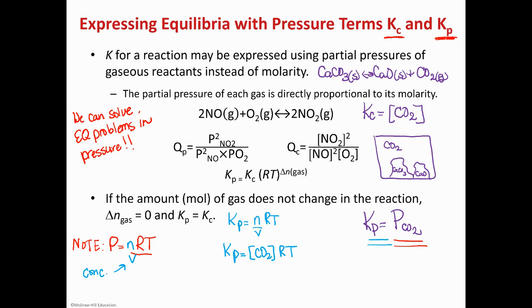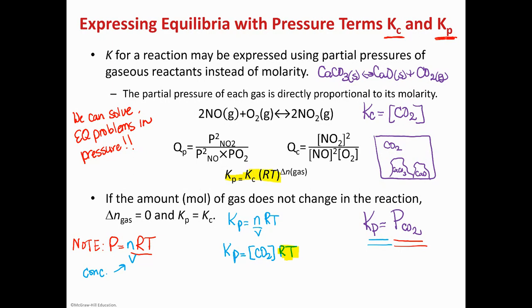So here's the bottom line: there is a relationship between Kp and Kc, and that relationship is built around a factor of RT. So you see here, Kp will equal Kc times RT.